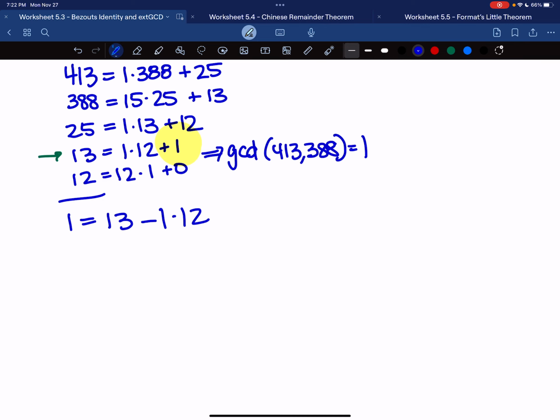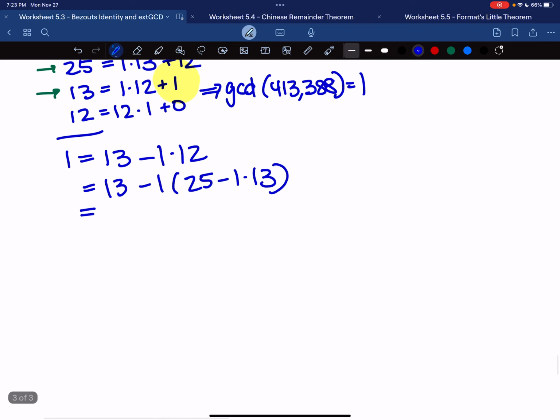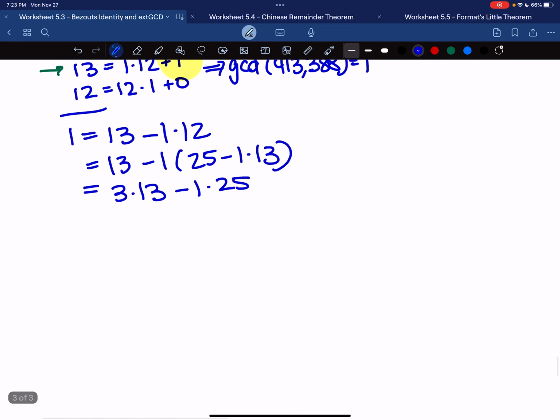And from the line above, 12 is equal to 25 minus 1 times 13. So this is 13 minus 1 times, instead of 12, 25 minus 1 times 13. And that becomes, we can tidy that up, we've got 2 13s in that mix, so 3 times 13 minus 1 times 25. And that looks good.